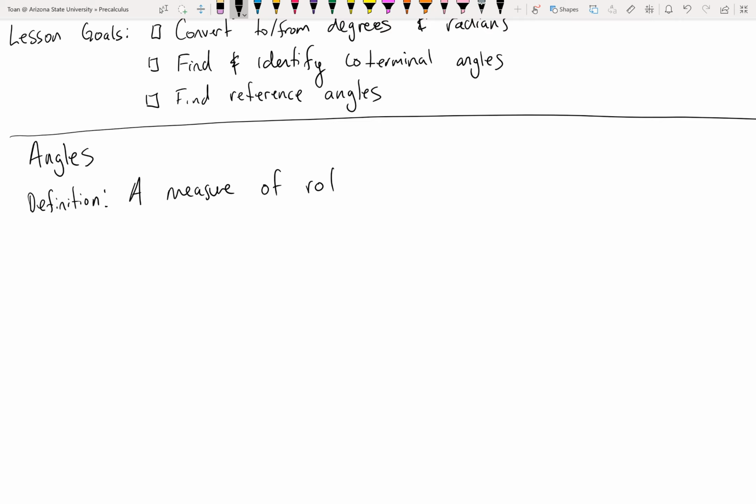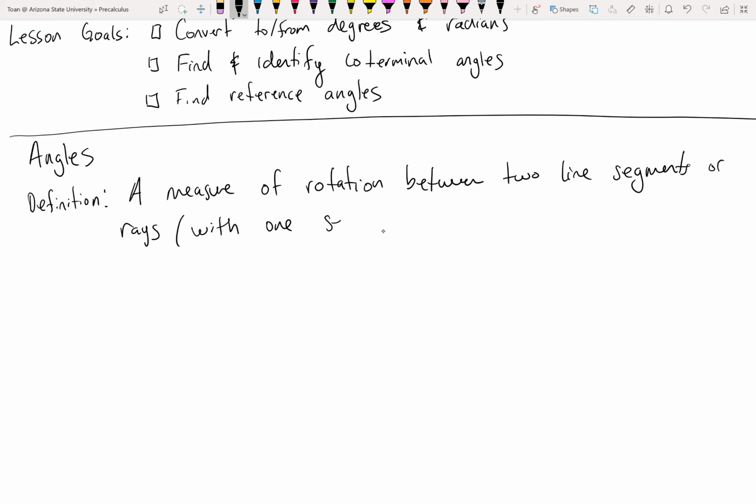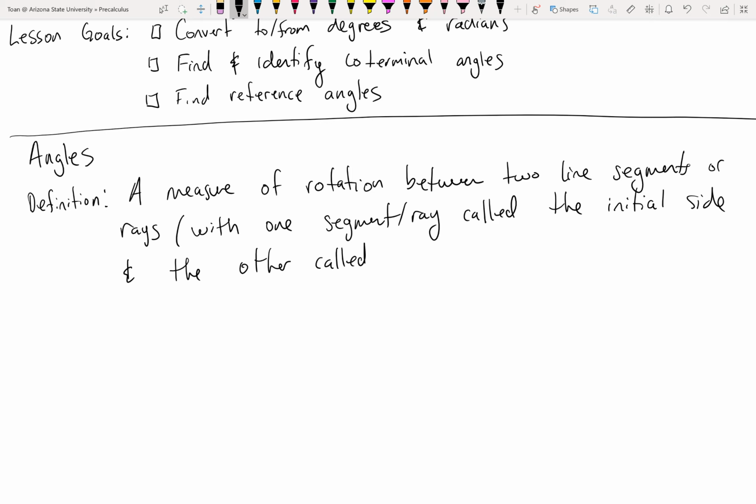of rotation between 2 line segments or rays, with one segment or ray called the initial side and the other called the terminal side.